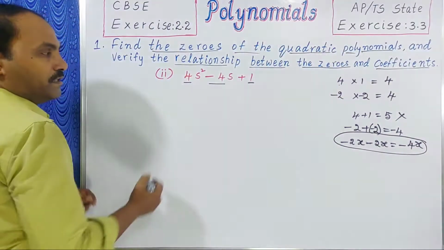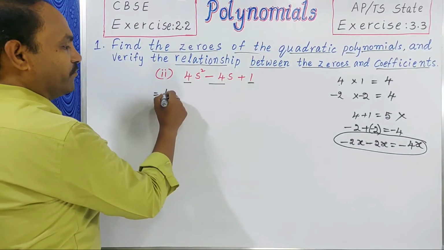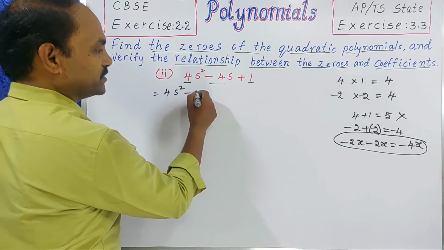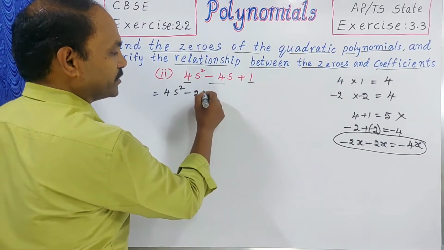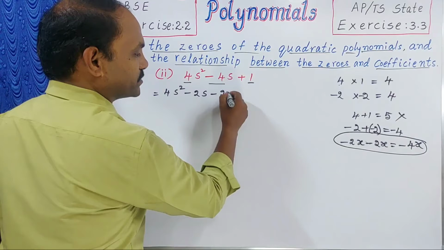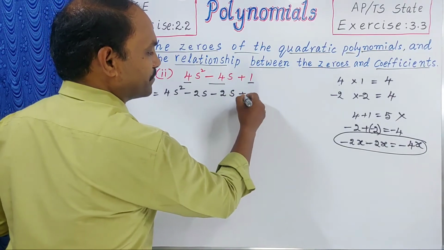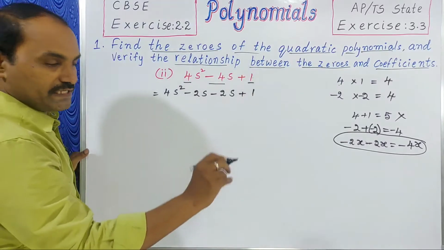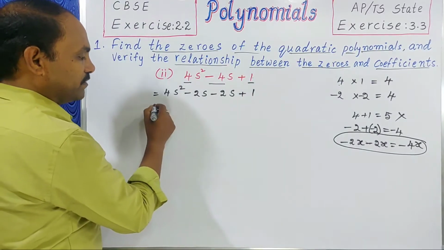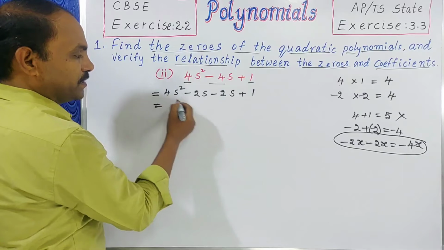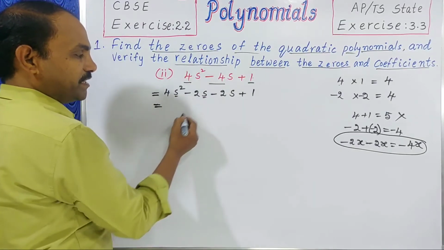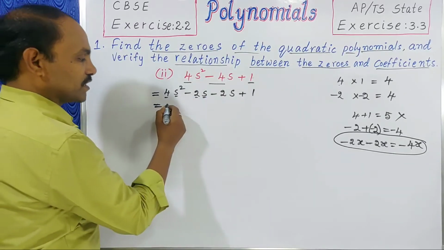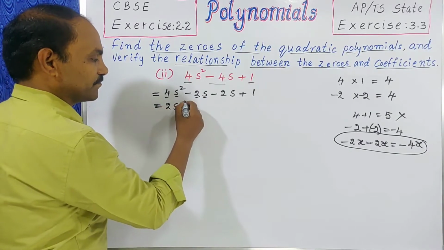Okay, let us write here 4s square, middle term minus 4s. The variable is s, so we use s here: minus 2s minus 2s plus 1. First term and last term same as it is, no change in it. In these two, 2s is common and these are the multiples of 2, that's why 2 also common, 2s.